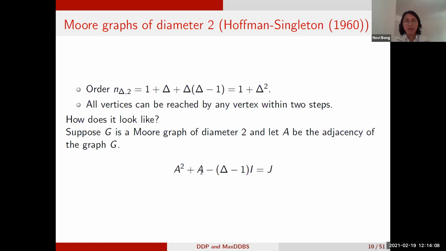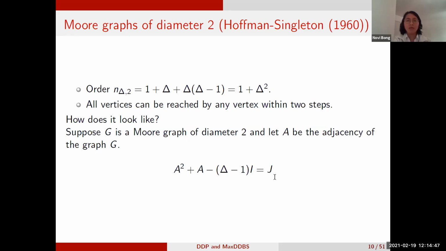Remember, in A squared, the main diagonal has the degree of the vertex. Since the degree is delta, we have delta on the main diagonal of A squared. If we subtract delta minus 1 times the identity matrix, the main diagonal becomes all 1s. If we sum this, we get J, the matrix of all ones.